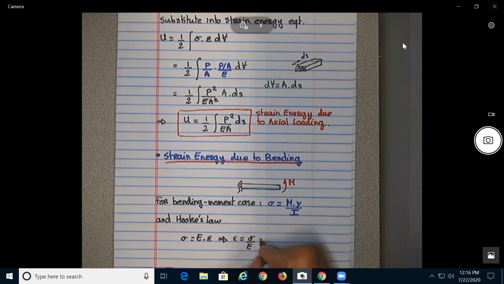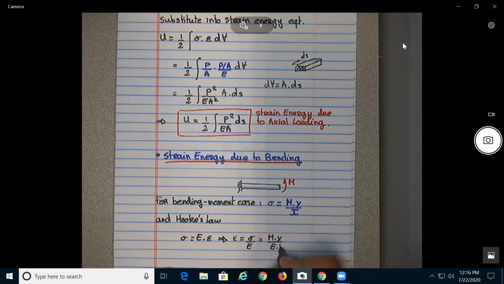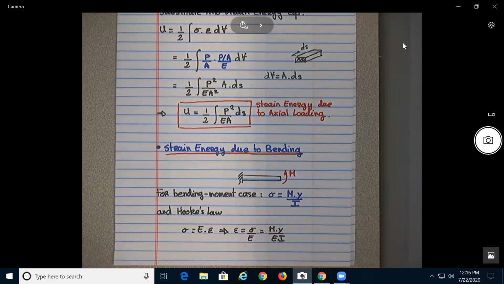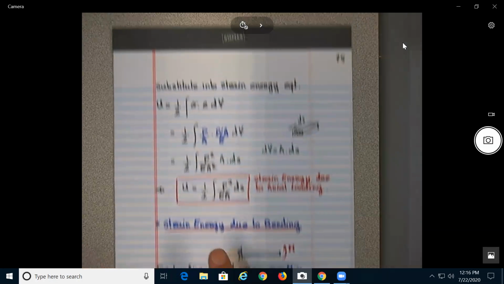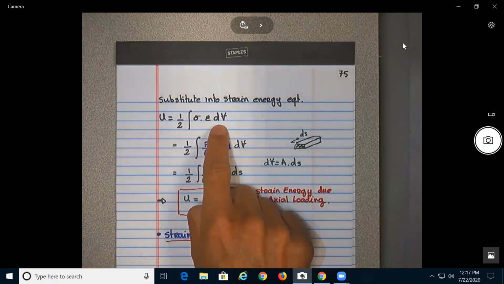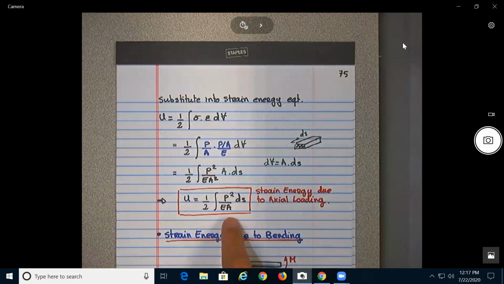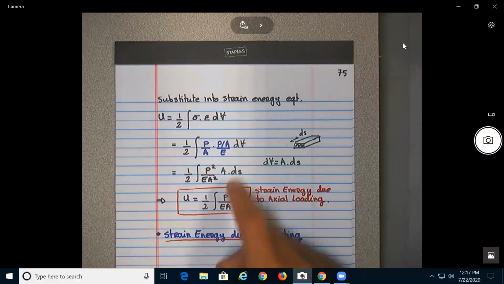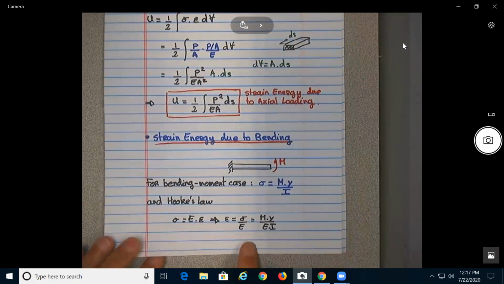So this will be equal to My divided by EI. So far, the only relation you need to know is this one, no? And then depending on the type of loading, you should be able to derive this expression. So I don't ask you to memorize this one. I want you to be able to rederive them. It only takes about 3-4 lines. Here, the same thing. So what is the next step?